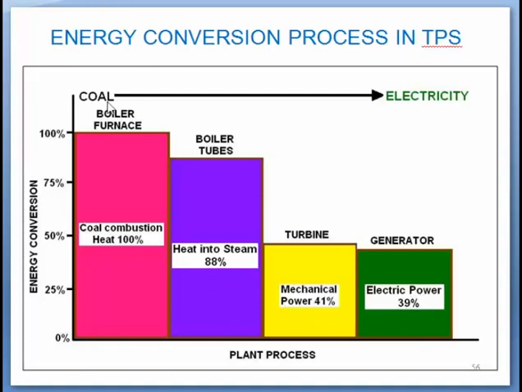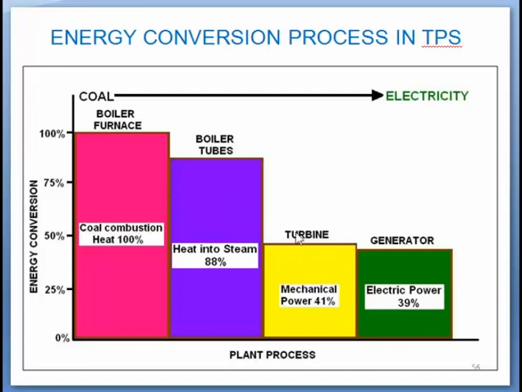So this shows starting from 100% energy of coal, we are landing at somewhere 39% of electrical power, as heat is a low grade energy and work is a high grade energy, and full conversion of this low grade energy into high grade energy is not possible.